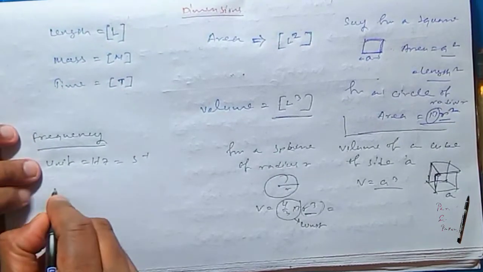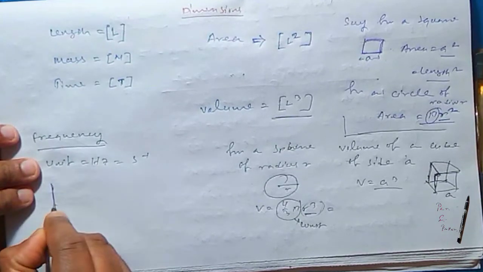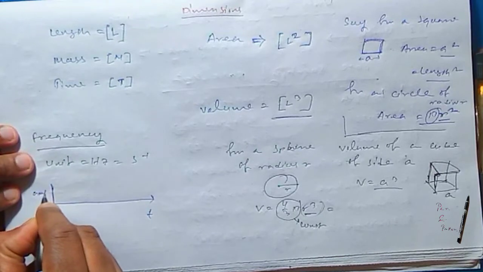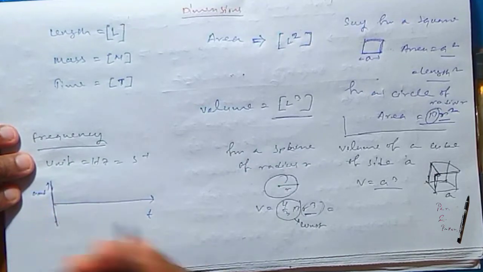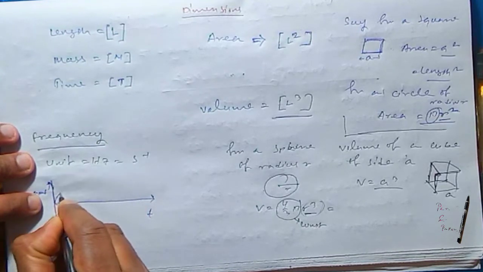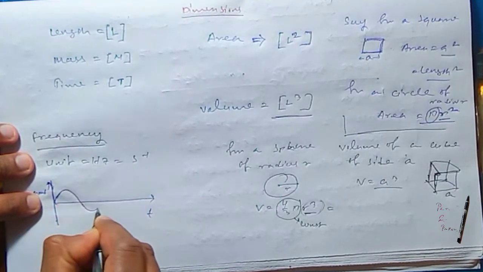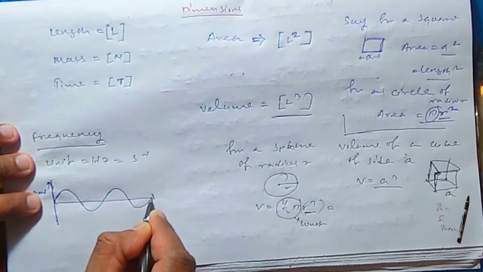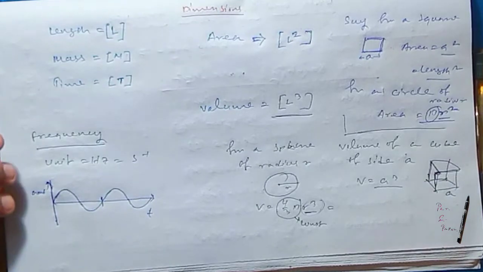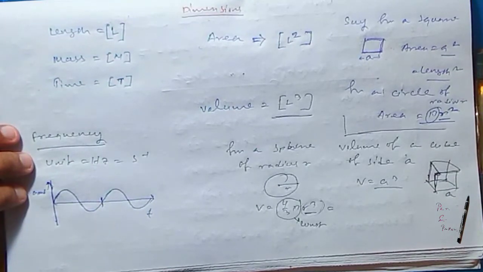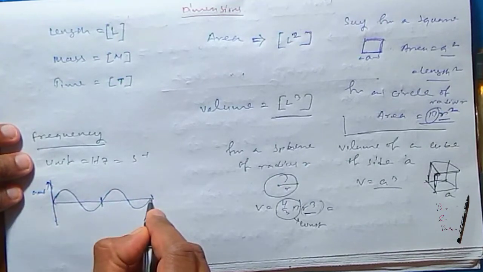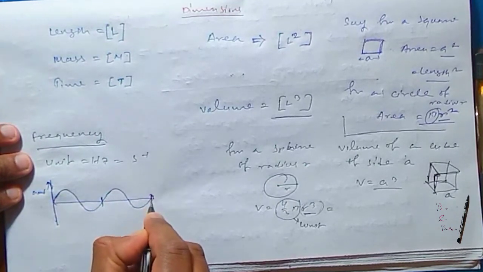Now what is frequency? Taking any wave arbitrarily, frequency is the number of complete oscillations completed in unit time. Say this is 1 second.